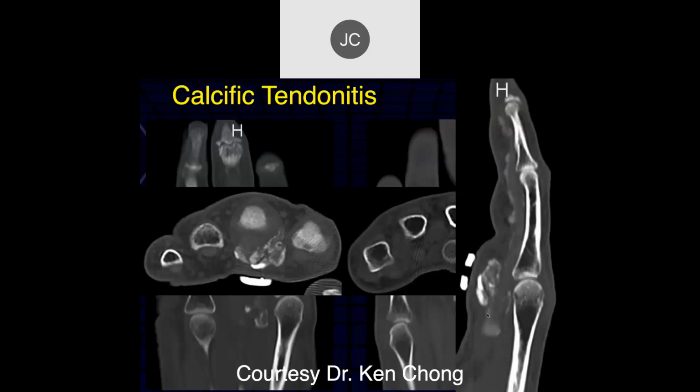We will talk when we get to the inflammatory section about some diseases that predispose to calcific tendinopathy in the next section. I don't remember exactly what the underlying etiology of this was.